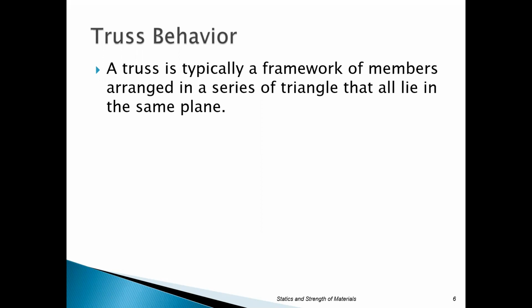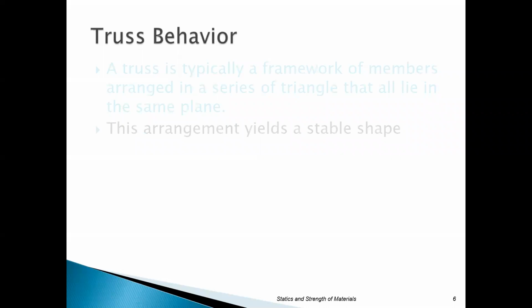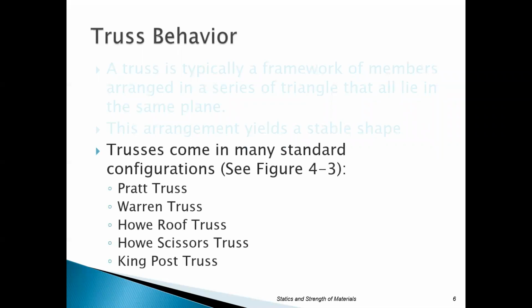All of that works together. It's all stitched together. But if you look at it, you see that it really is just a series of triangles. The reason that we use triangles is because the triangular arrangement yields a very, very stable shape. Without that, a typical truss would really tend to crash.